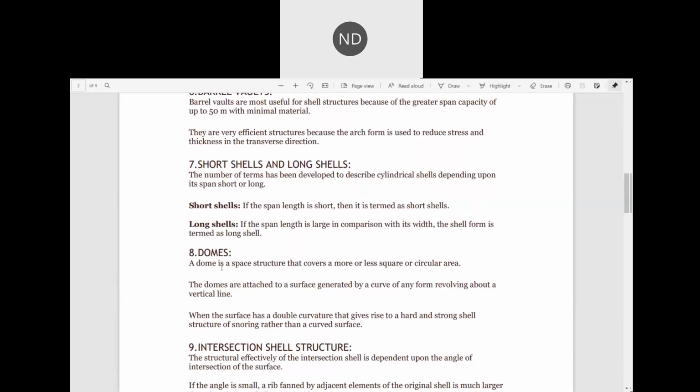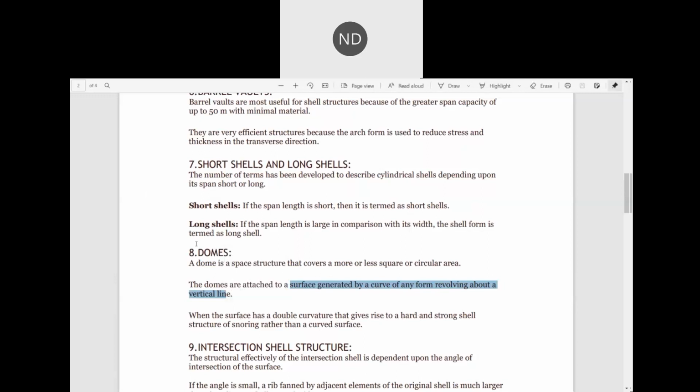That is your dome shell structure. A dome is a space structure that covers a more or less square or circular area. It can be semi-square or semicircular, like sphere kind of domes. Domes are attached to a surface generated by a curve of any form revolving about a vertical line. When the surface has a double curvature, that gives rise to a hard and strong shell.